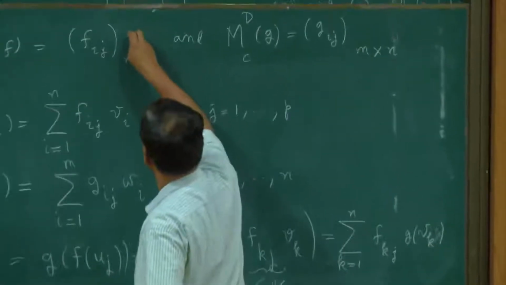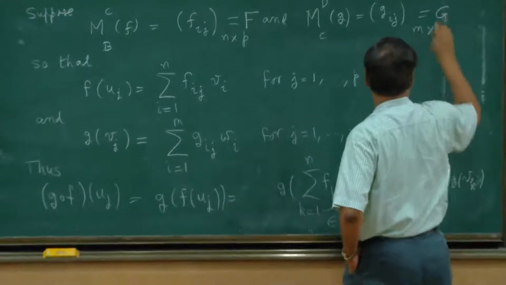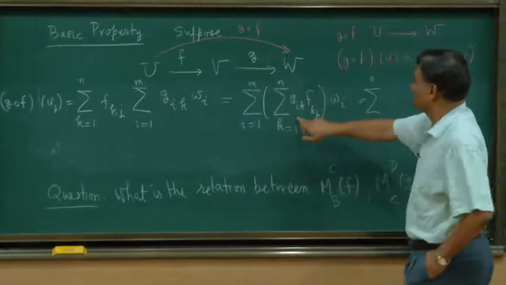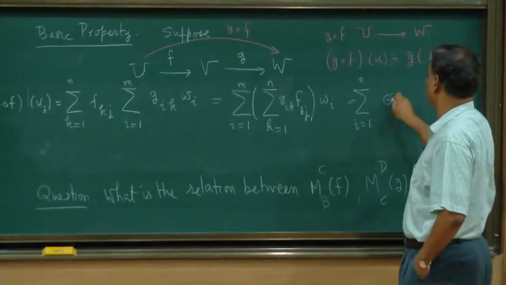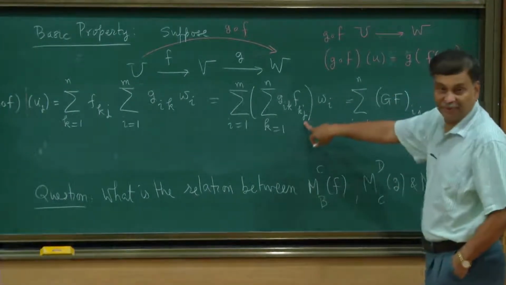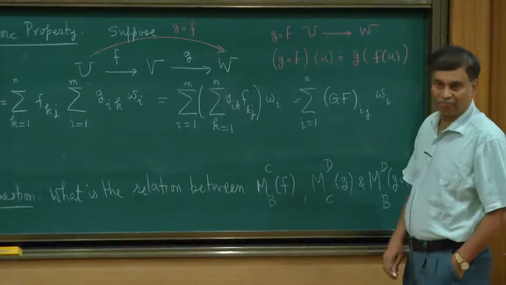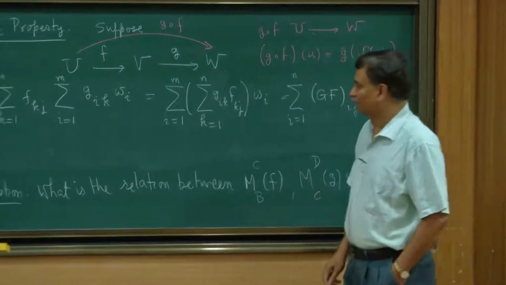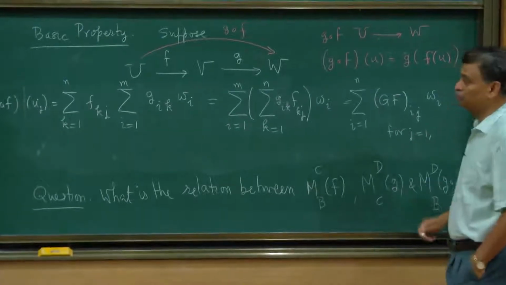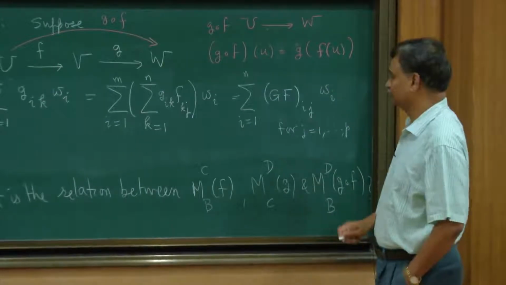Suppose I call this capital F, call this capital G. This is exactly the ijth entry of G times F multiplied by Wi, correct? And this is true for J going from 1 to P, because U1, U2, UP, okay?